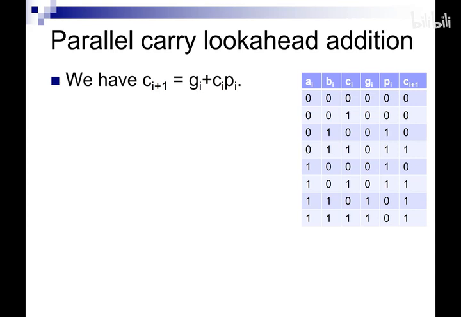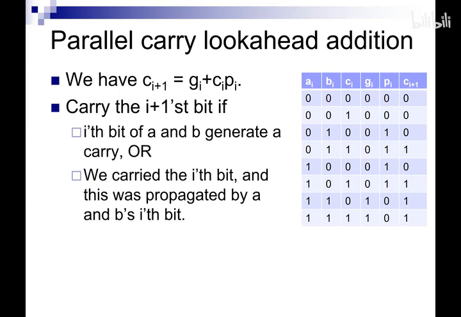The way to understand this equation is that we're trying to figure out whether we have a carry on the next bit. We're going to have a carry if the current bits ai and bi generate a carry. If gi is 1, that means ai and bi generate a carry, so they're going to force us to have a carry on the next bit.